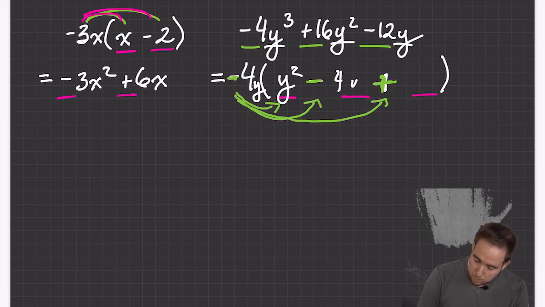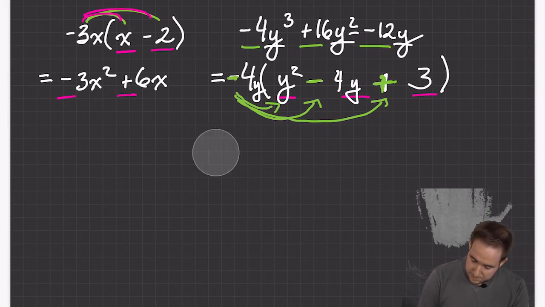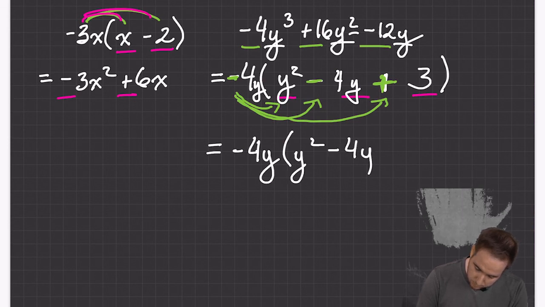Y and one more y will make y squared. And why no y? Just a 3. And because my answer was messy, negative 4y, y squared minus 4y plus 3.